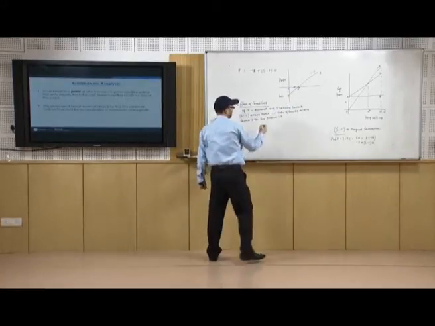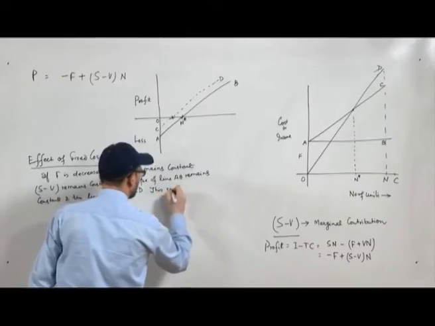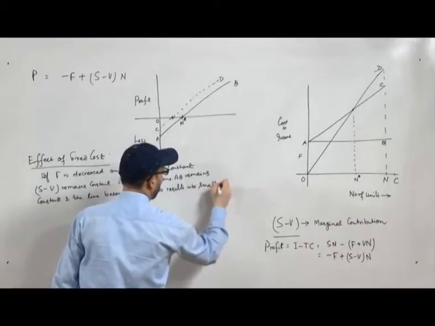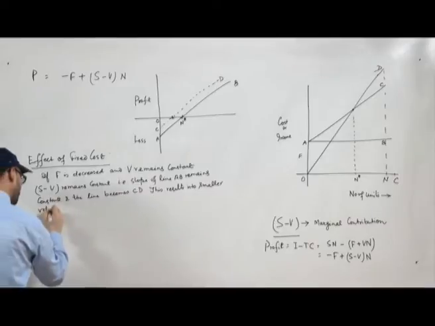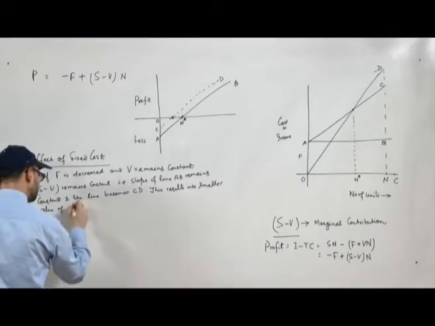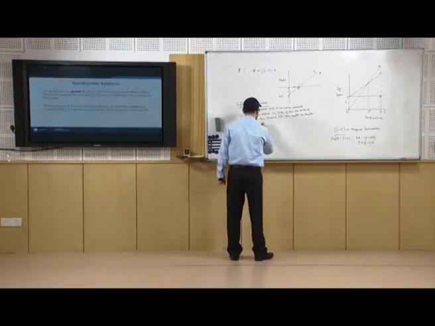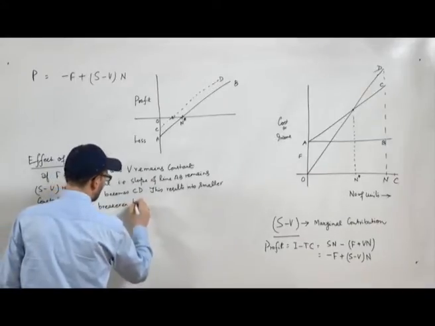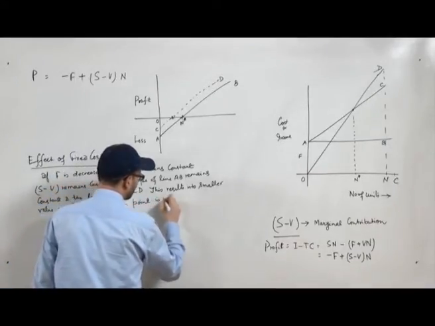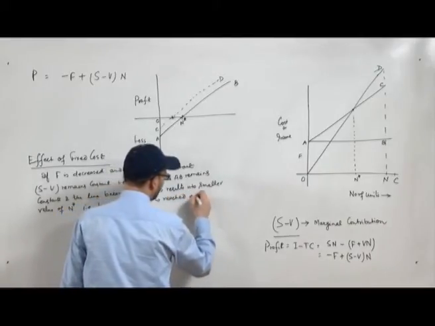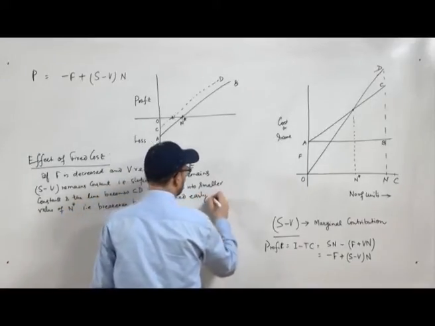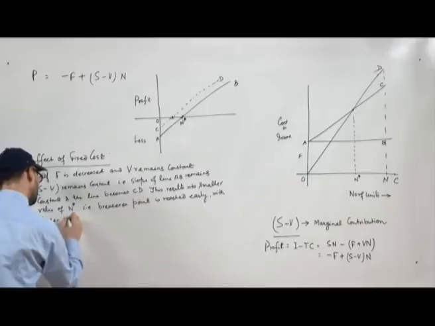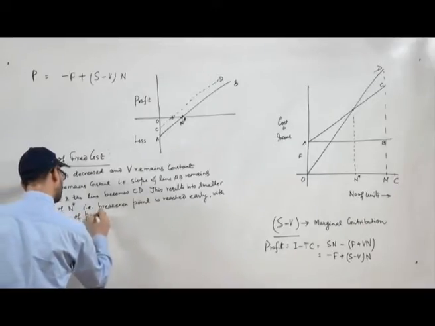value. This results in a smaller value of n star, that is, break even point is reached early with a lesser number of products sold.